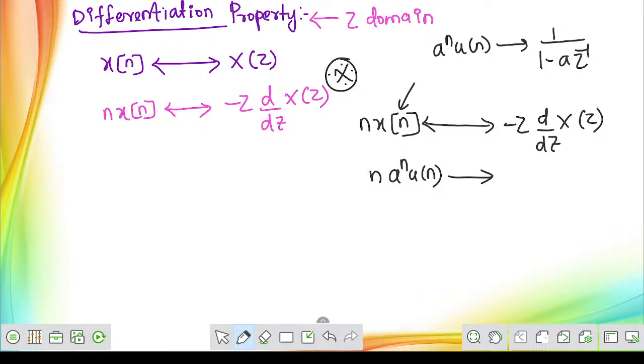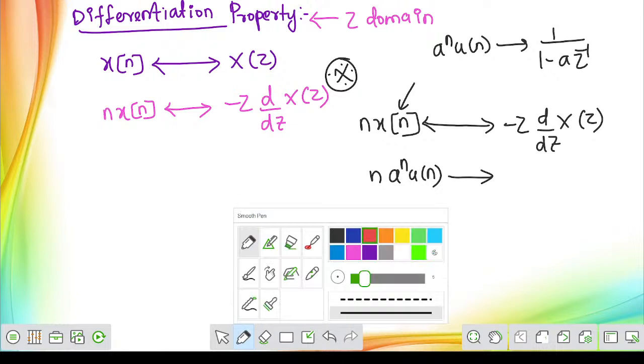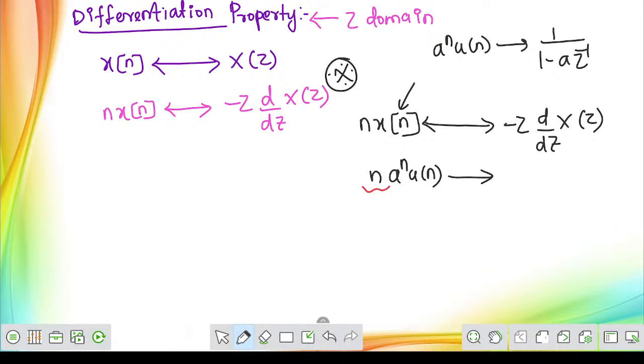But suddenly what you will not think is that, if it is being multiplied by n, after writing this answer we will have to write minus z into d by dz of 1 upon 1 minus a z power minus 1. After doing the differentiation, it is multiplied by minus z, and that will give you the final answer for n into a power n into u of n.